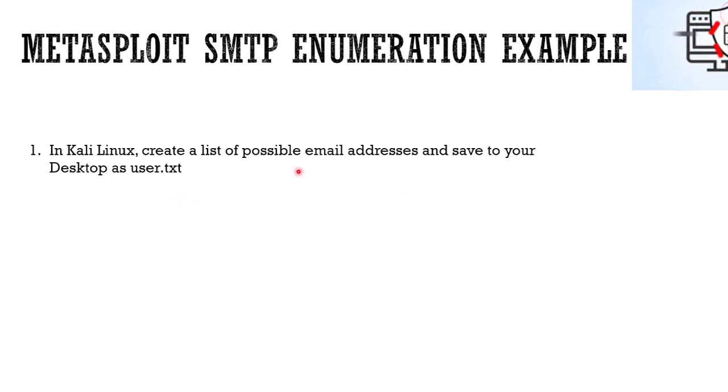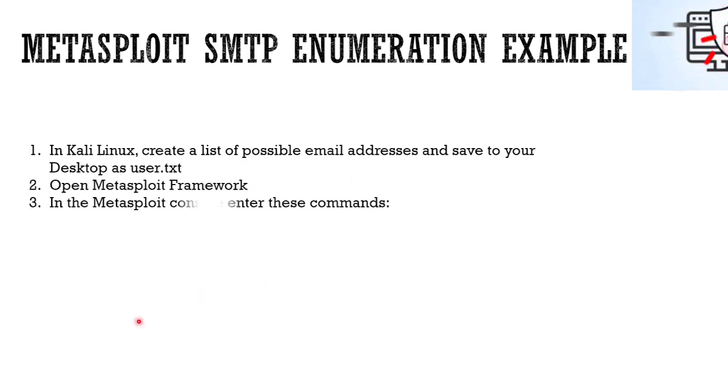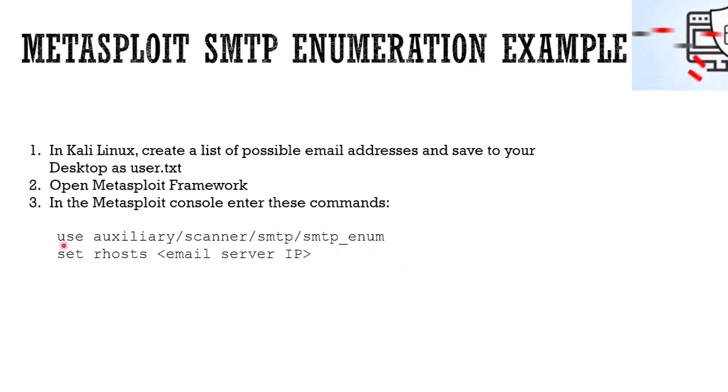And then you say set RHOSTS, and then the IP address of the email server you're trying to target. Then set the remote port to 25, because they're listening on 25. Then set the user file to the path to that little list of possible email addresses. Then you either type run or exploit, and it'll come back and tell you, after querying the server, do they really exist?